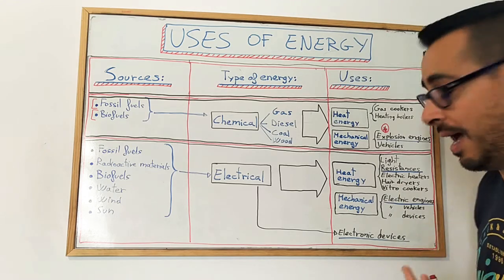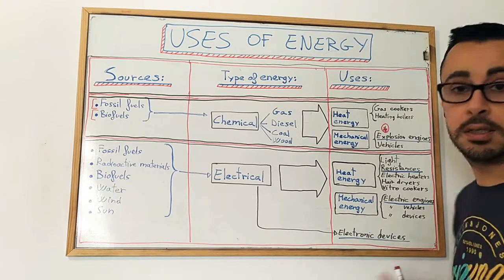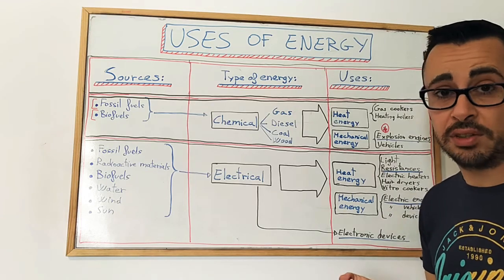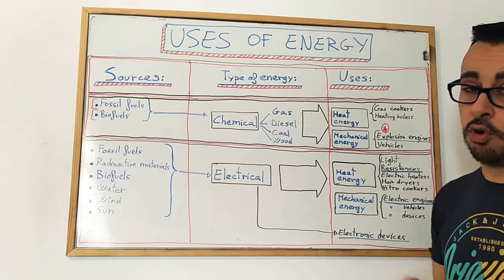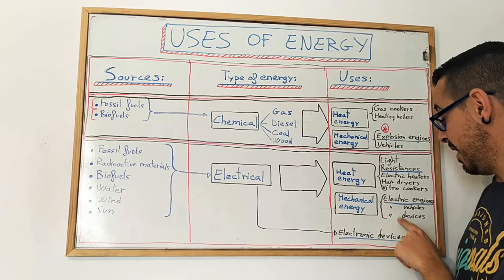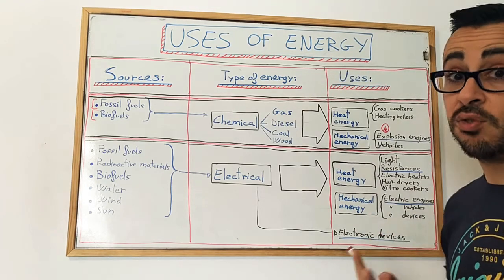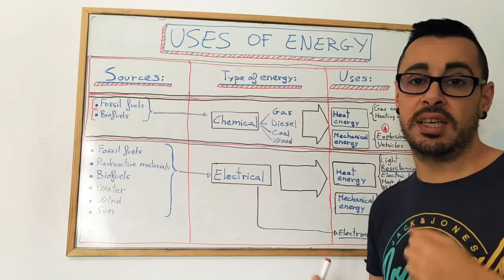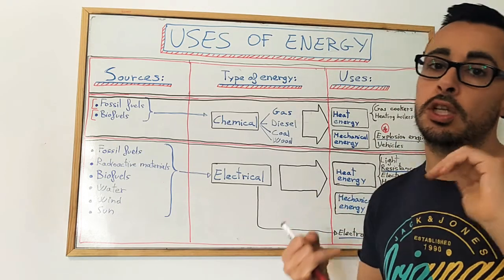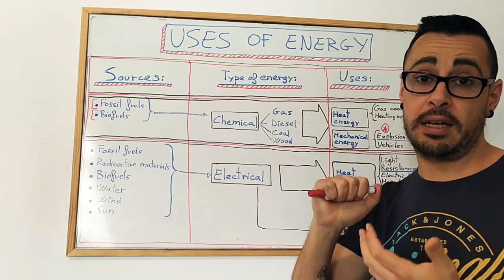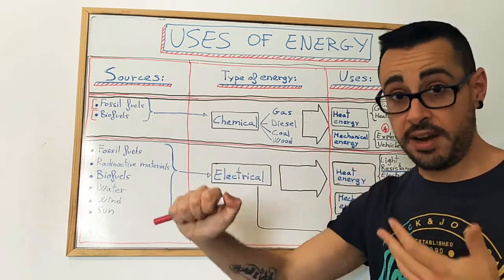For example, an example of an electronic device: mobile phones. Mobile phones work with electricity. But an electric device is the hair dryer. The hair dryer works with electricity and transforms the electricity into heat and a current of air, obviously.